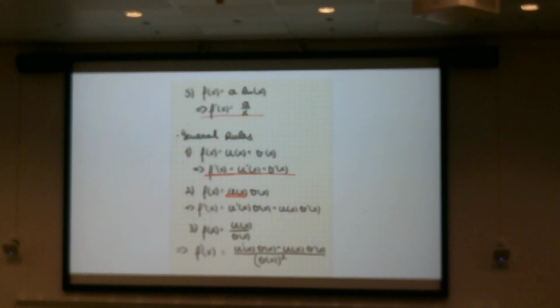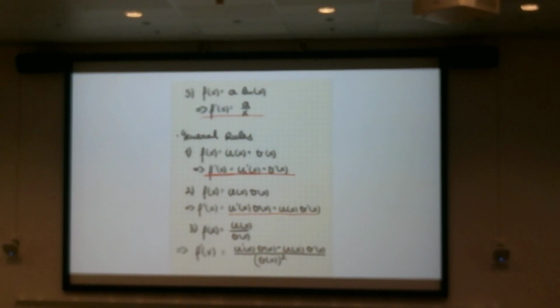So you need to take the first function, u of x, take its derivative, multiply by the second function, v of x, in its original form. You don't do anything to it. And then you just add the original form, u of x, multiplied by the derivative of the second function, v of x. So this is the product rule. We've got to, of course, again, have some examples.